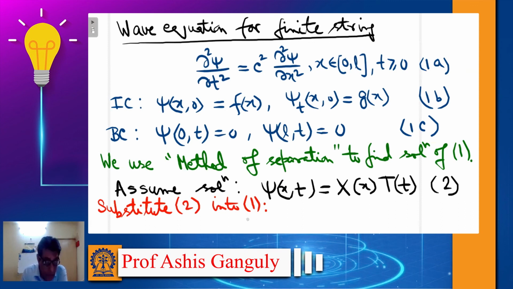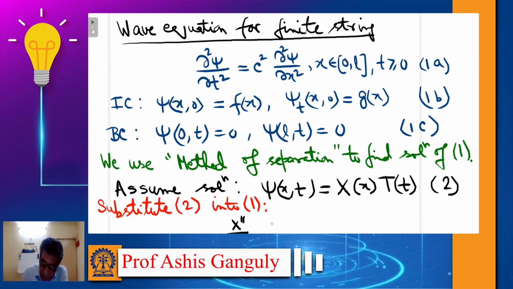Like you see here, you will get X double prime. Double prime means the second order ordinary derivative with respect to its argument.